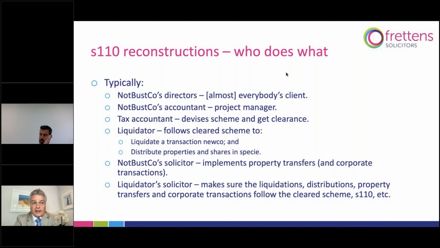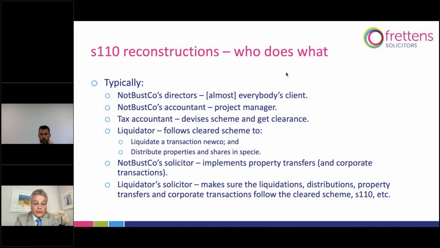Because very often with tax clearance, you find that you go from A to E, but the clearance misses out intermediate steps B and C. So you've got A, D and E, and you then have to try and work out what those intermediate steps should be to make the transaction work. And of course, in doing that, you are then risking diverging from the tax clearance because they're not spelt out in the clearance that you've got.